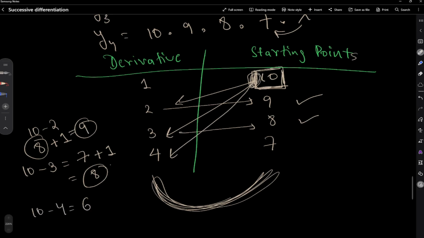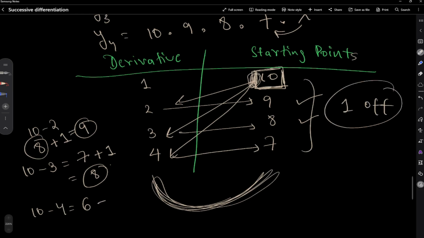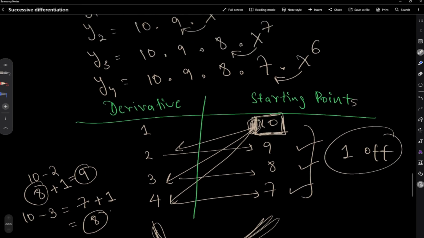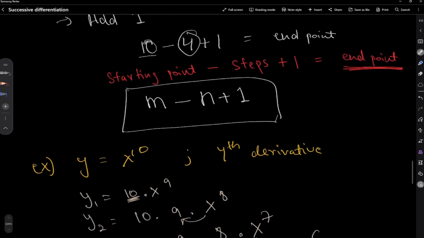And again, we didn't get the correct answer. We always get 1 off, and to solve this problem, we add 1. So 6 plus 1 is 7, and it is correct again. So that's how we proved m minus n plus 1.